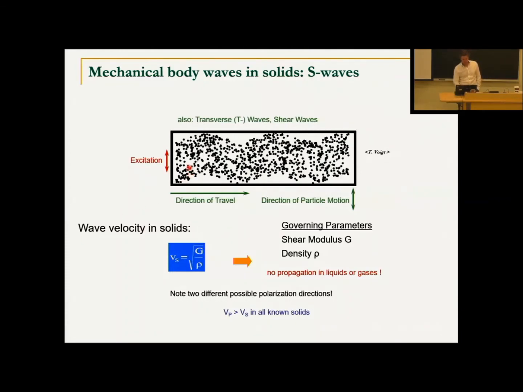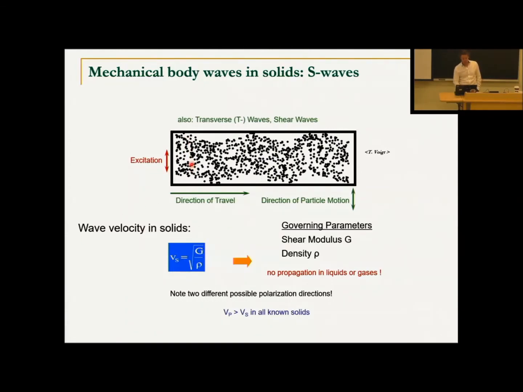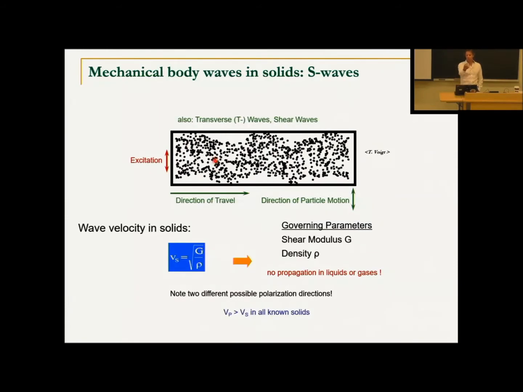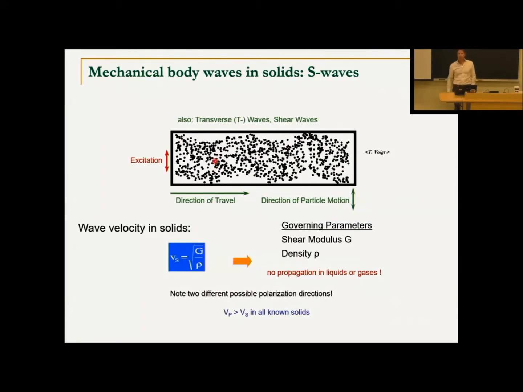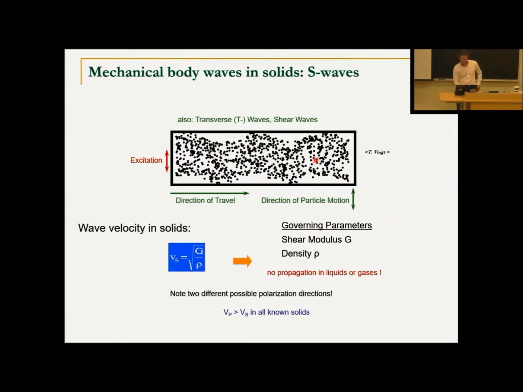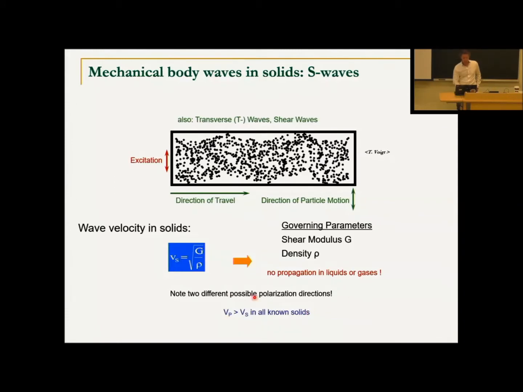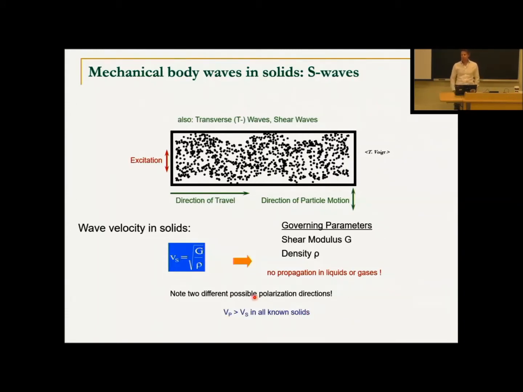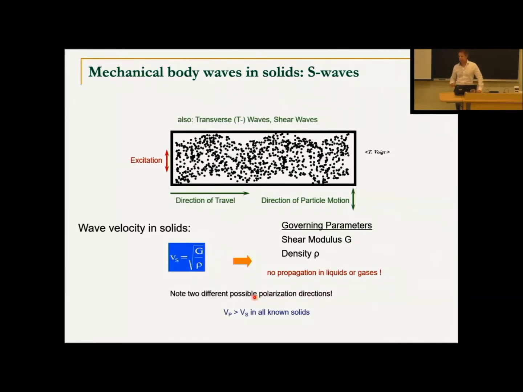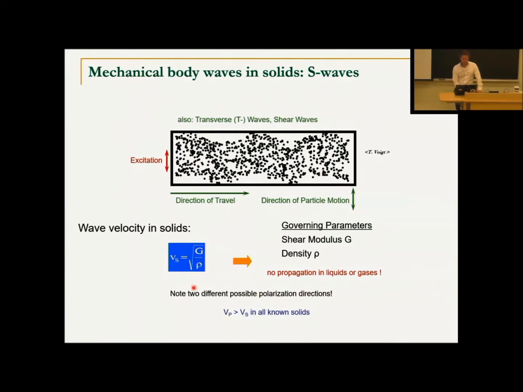That is, we can have the particles moving up and down and propagating to the right, but we can also have the particles moving in and out of the screen and propagating to the right. So that's why we have two polarization possibilities. And that will come up when we talk about electromagnetic wave propagation.